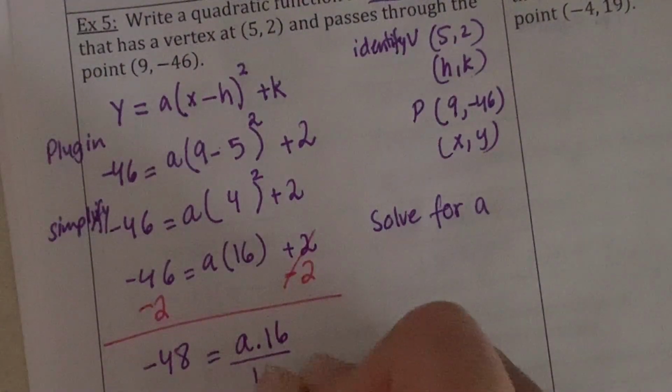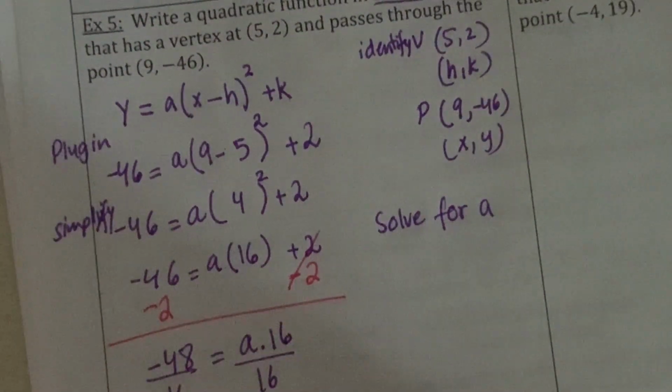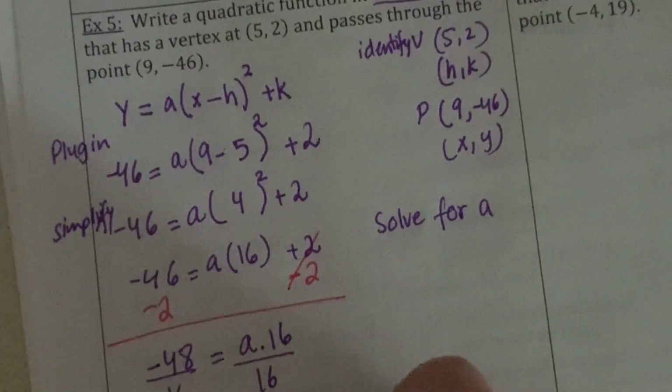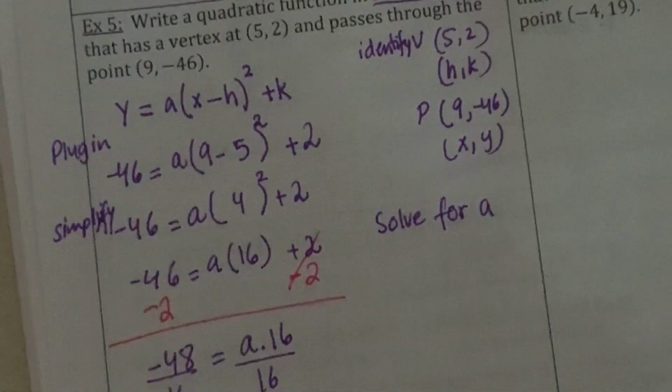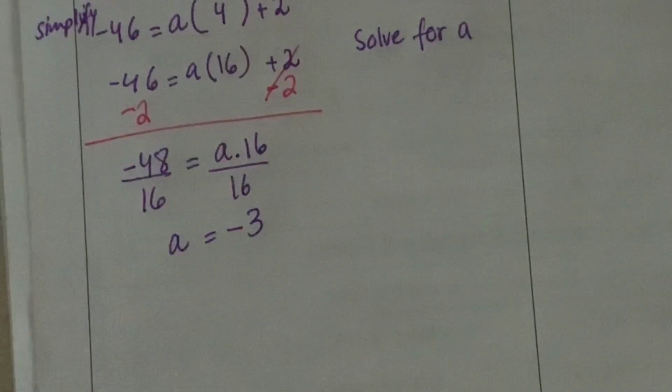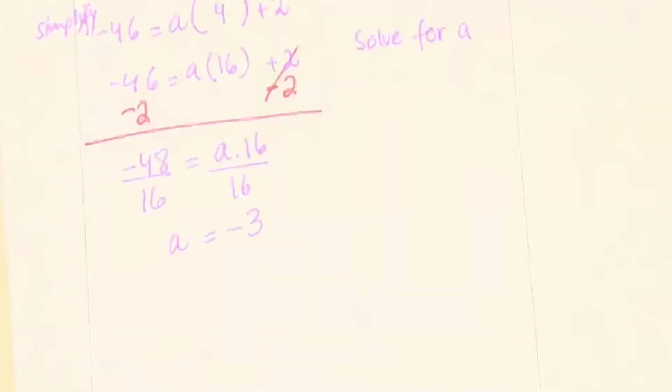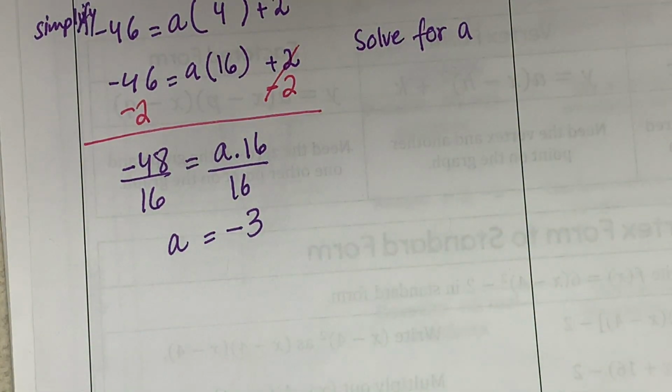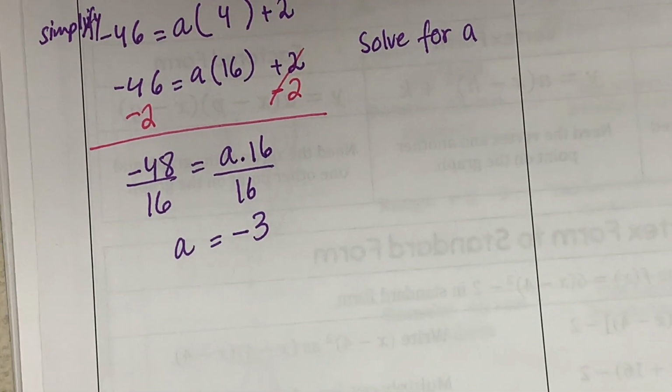I need to find the a, so I divide by 16 on both sides. And a is basically negative 48 divided by 16, which is negative 3. So I have the a value.